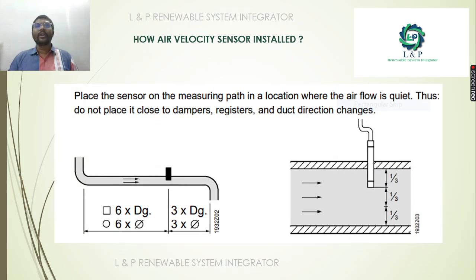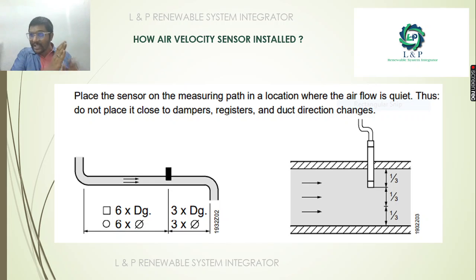Most importantly, we all have a doubt about where to install this sensor in the duct. That is a critical question we all have. Very simple. Lengthwise, we should keep a distance of 6 times the diameter of the duct, for a circular duct.